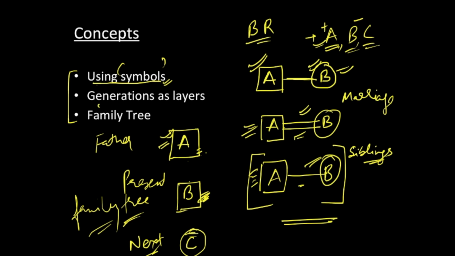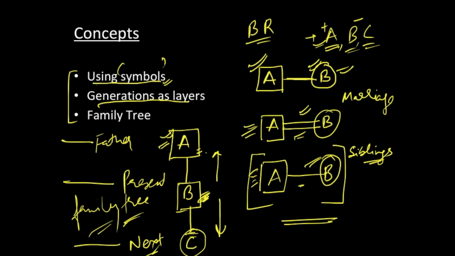So this is where I am talking about generation as layers. A generation above you should be drawn on the upper side, and the generation which has come next to you should be drawn on the bottom side. And in order to connect it, you will draw a single line, right? So this is how you look at generations as layers. This is the first generation, this is your second generation, and this is your third generation.